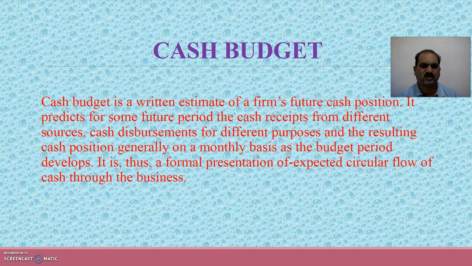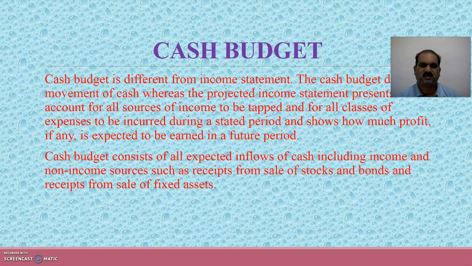It predicts for some future period the cash receipts from different sources, cash disbursements for different purposes, and the resulting cash position generally on a monthly basis as the budget period develops. It is thus a formal presentation of expected circular flow of cash through the business.